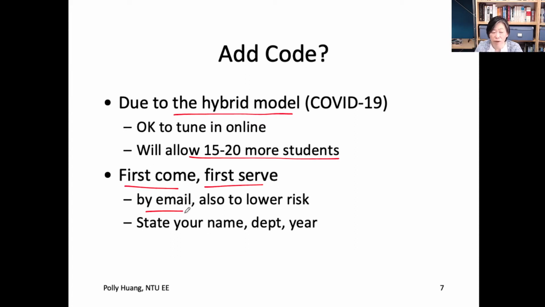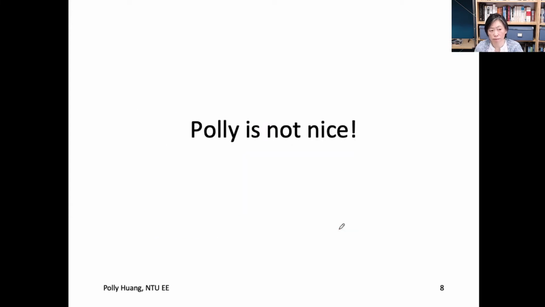So send me an email, and I'm going to sort you by the time your email arrives in my inbox until I cannot add anymore. In the email, state your name, department, year, and also your student ID. And that's it. Of course, say that you want to attend Introduction to Computer Networks.